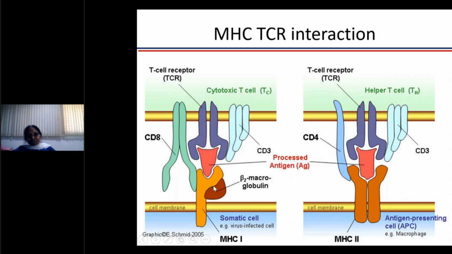This is your MHC class 1 molecule with beta 2 microglobulin, and this is your peptide. That is how the T cell recognizes, because this groove is very narrow. I'll show you the TCR groove also in that cartoon. The TCR can only bind to 8 to 10 amino acids, and the same is true for the other class.